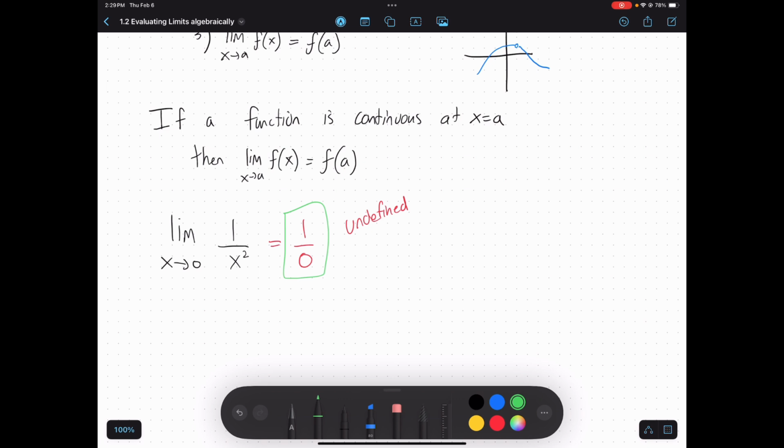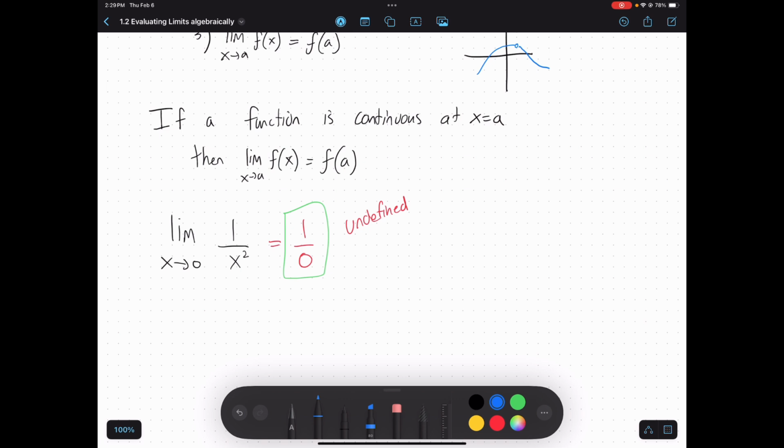It doesn't give me the answer quite yet, but it does tell me something. This tells me that my numerator is staying constant, or at least approaching some positive value, in our case positive 1. So my numerator is approaching some constant value of 1, but my denominator is approaching 0.